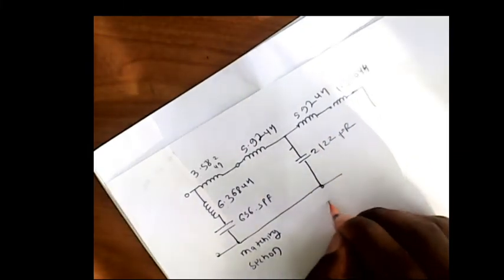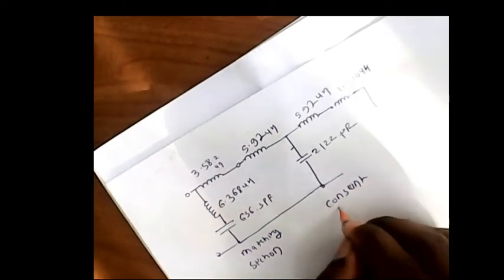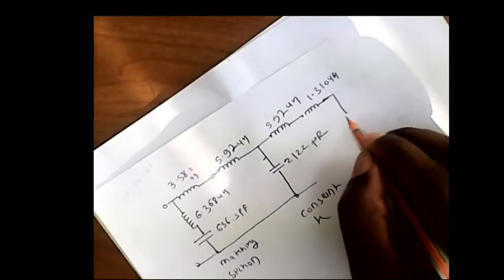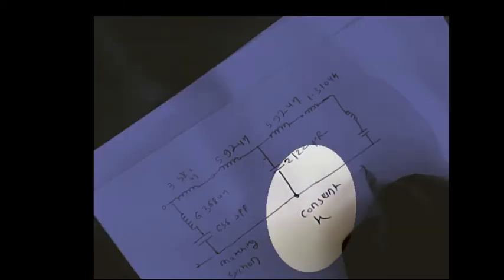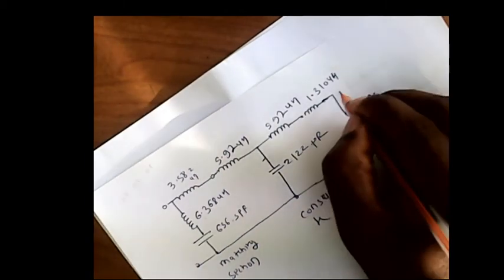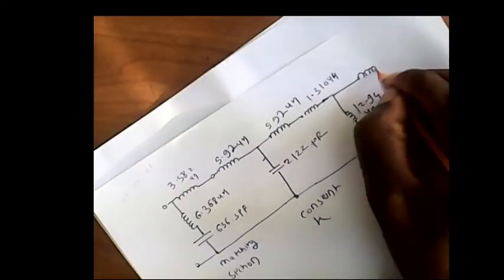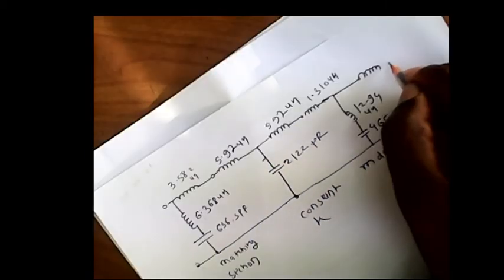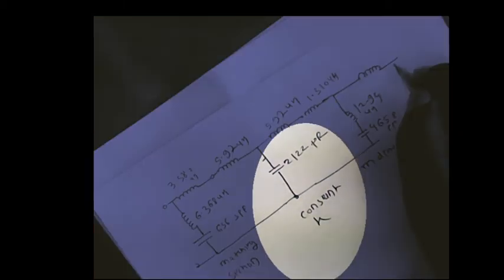So this is the constant K section. Then we derive the M derived section, which is 12.94 microhenry, and the capacitor value for the M derived, which is calculated as 460.8 picofarad. Then again here, in series, two inductors for the M derived.